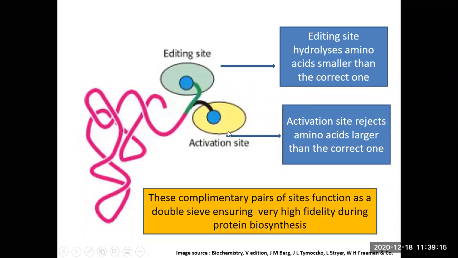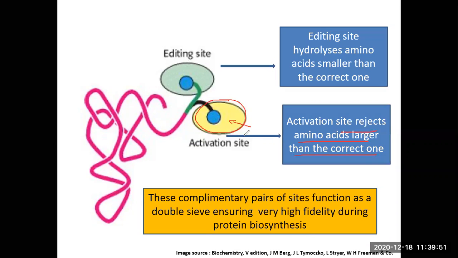This is the activation site, where activation of the amino acid takes place in two steps, and they are esterified to the cognate tRNA, either at carbon number 2 or carbon number 3. This activation site rejects amino acids which are larger than the correct one; they will simply not be able to enter this activation site. So they are rejected in step 1.